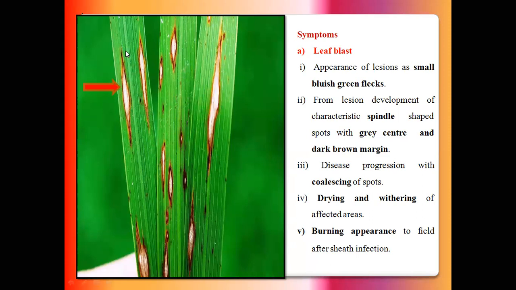Finally, the infected leaf generally dries from the tip downward. In this way, a number of leaves dry, so a burning appearance is generally seen in the rice fields.